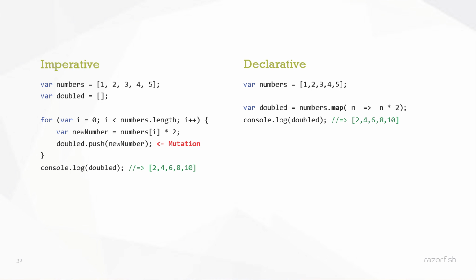And with the declarative style, it's much cleaner, it's shorter, so less code, fewer bugs. And we're using a method on an array called map to map over all the elements and apply that function to them.